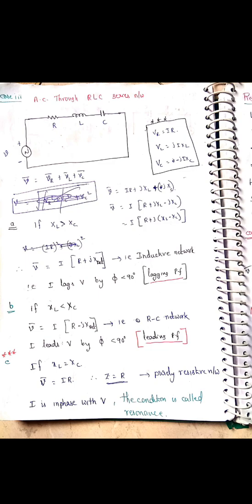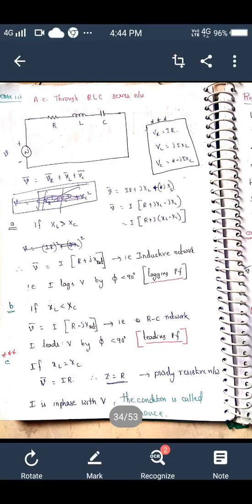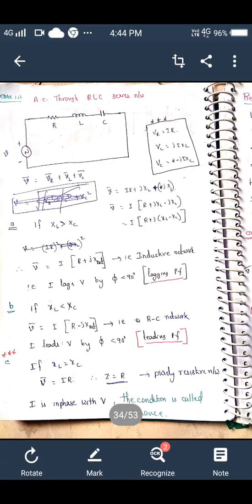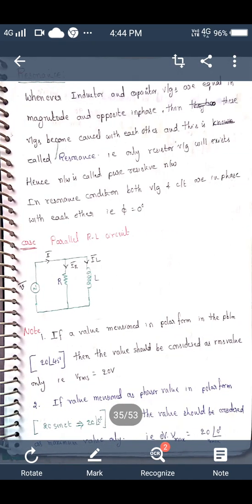Whenever inductive and capacitive effects are equal and opposite, the resultant impedance is equal to the resistance magnitude, which means the nature of the network is resistive. So under resonance condition, the phase angle phi is equal to 0 degrees, and the power factor is unity, since cos 0 is 1.